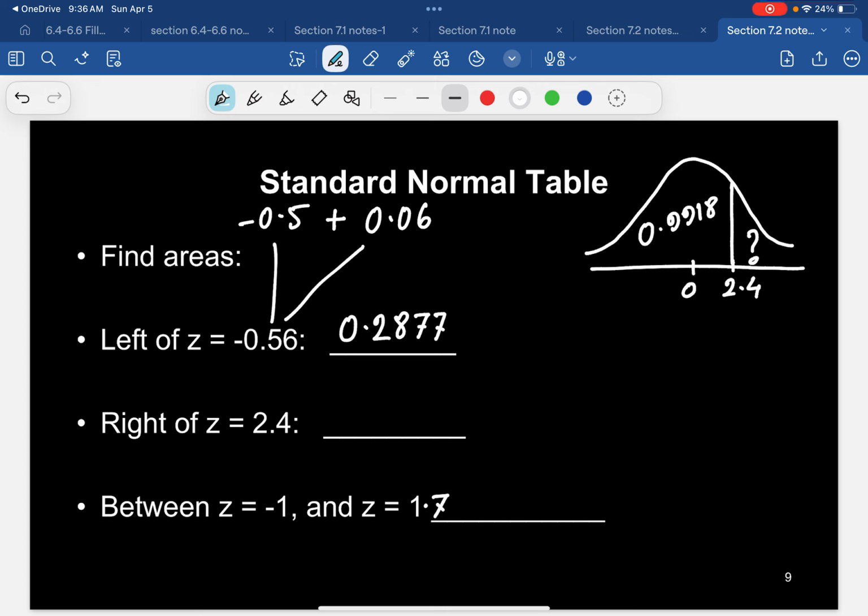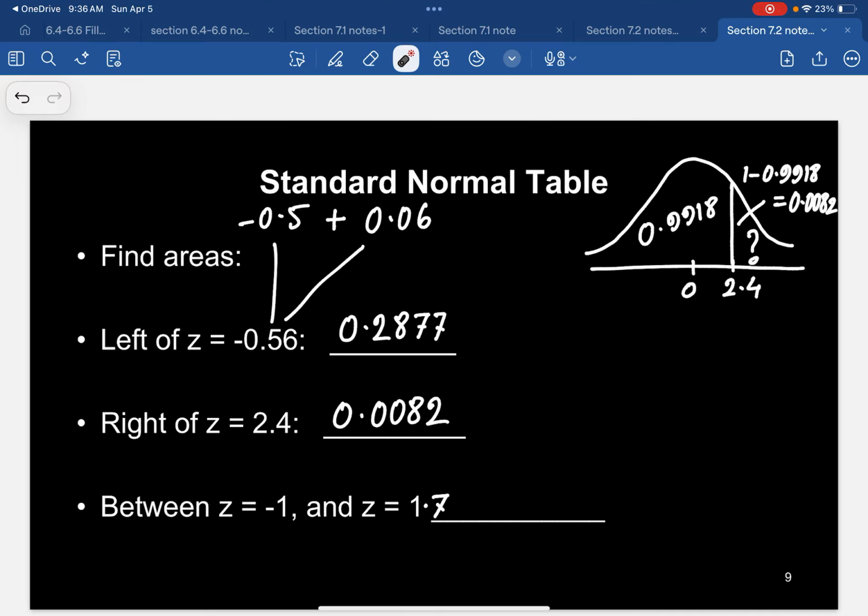So the right side is going to be 1 minus 0.9918, which is 0.0082. So it's going to be 0.0082, all right? So when you're going to find the area to the right of some z-score, you find the area to the left from the table, and then you subtract that from 1 to find out the right.